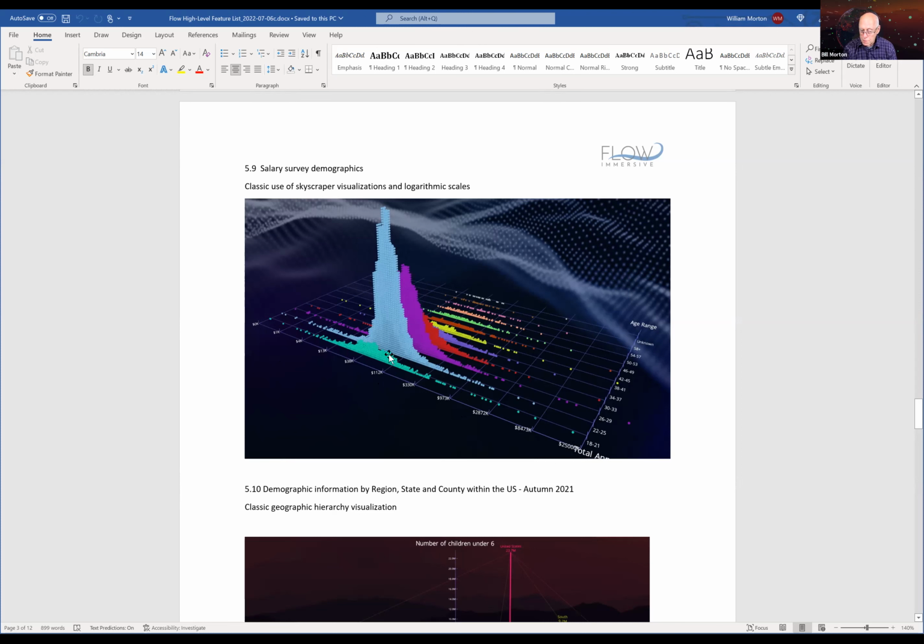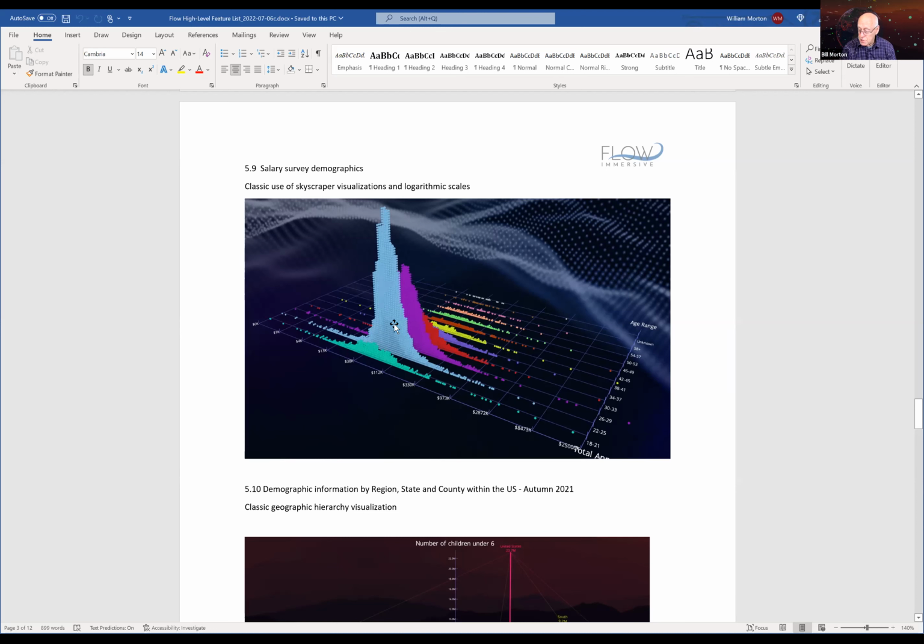This particular visualization uses a skyscraper display, which is a 3-dimensional display of dots. This is used to avoid having a single stack of dots that goes way off the top of the chart. This technique is available in what we call additional dimensions.